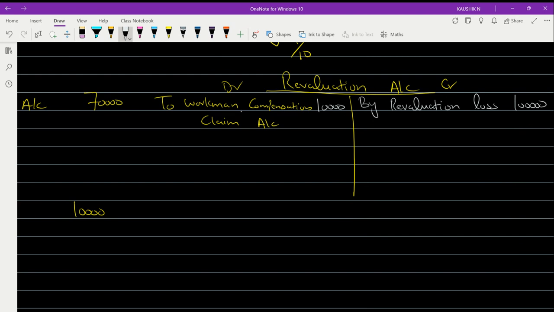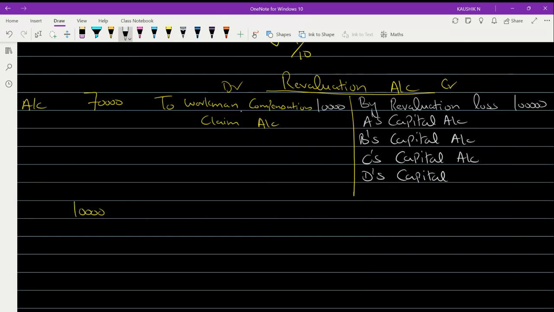Below this, you'll write one below the other: A's capital account, B's capital account, C's capital account, D's capital account.